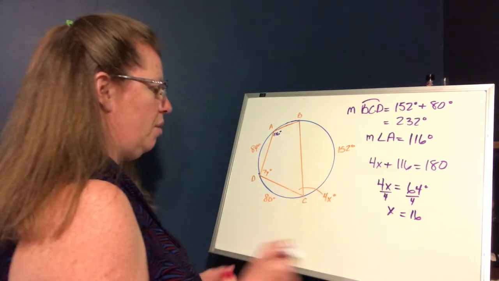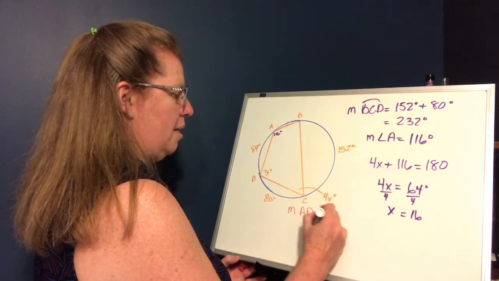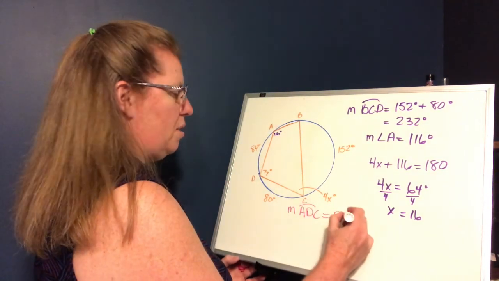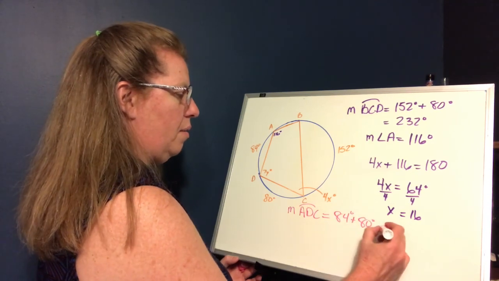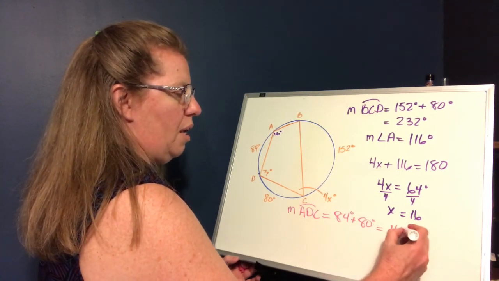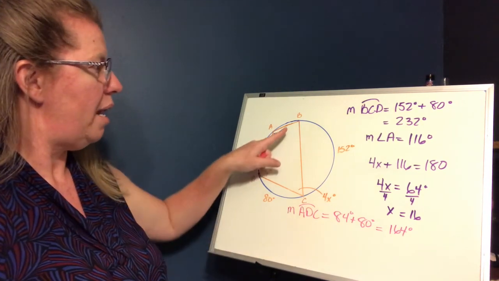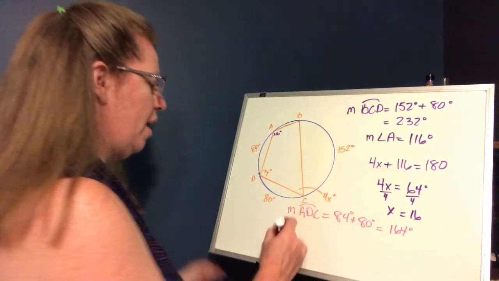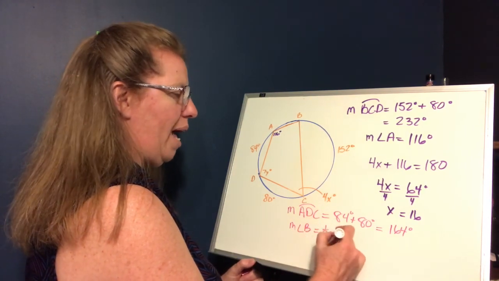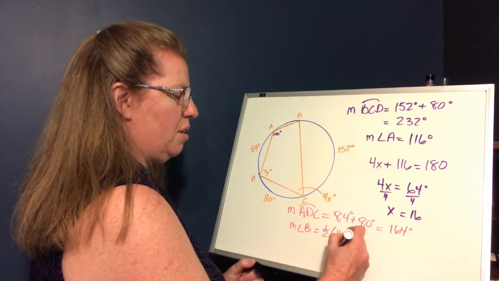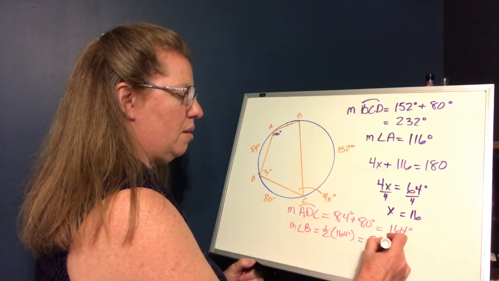So the measure of arc ADC equals 84 plus 80 degrees, which is 164 degrees. All right, so that means that angle B is going to be half of that. The measure of angle B is 1/2 of 164 degrees, which is 82 degrees.